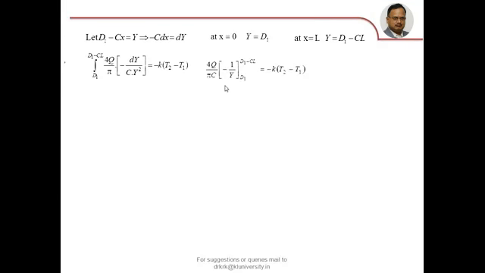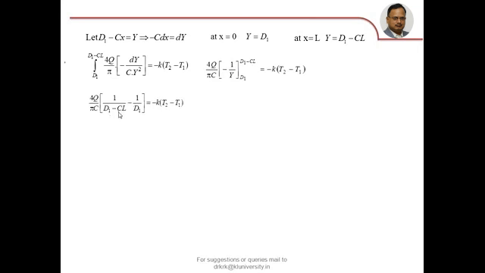And now upon integration, it is 4Q by pi C, minus of 1 by y square. Integration becomes plus 1 by y, and the limits will interchange, d1 minus CL.